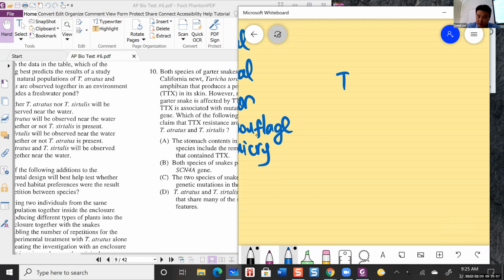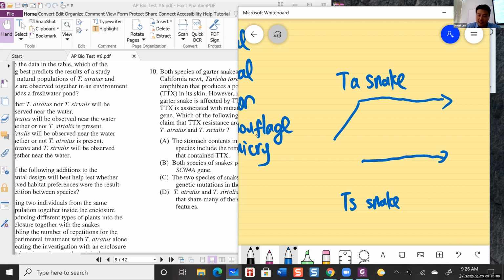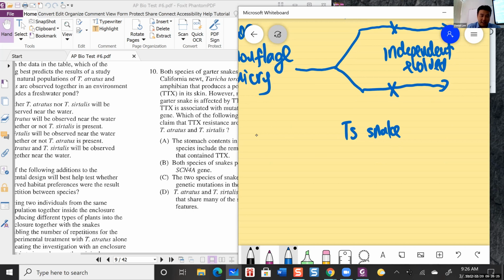I'm going to use a little a, the garter snake, and this is the TS garter snake, right? So if you look at the evolution like this, maybe they were once the same species. If they evolved independently, it will look like this, guys. Independent evolution, whatever X is. If they're not independent, it would have evolved in the common ancestor that gave rise to both types of snake, TA and TS.